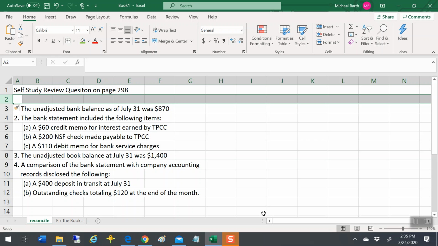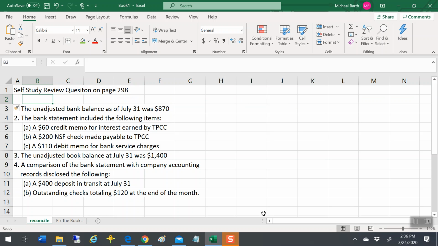First, you want to adjust the bank balance, what the bank says they have, for things you know have happened but just haven't run through the bank yet. And the second thing is to take the book balance, what our accounting numbers tell us, and adjust that for things the bank says have happened that we might not have recorded yet. And those two ought to balance.